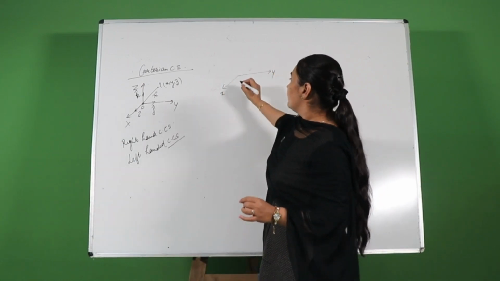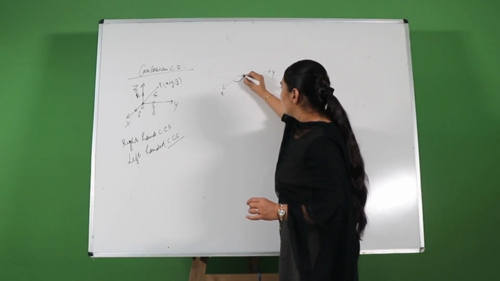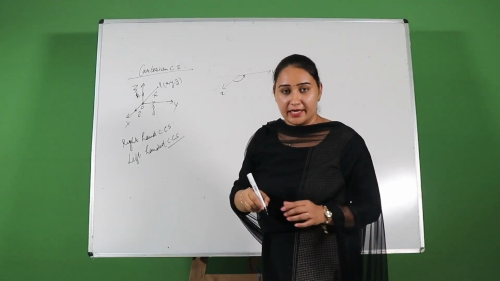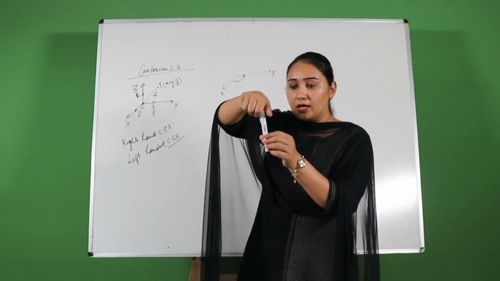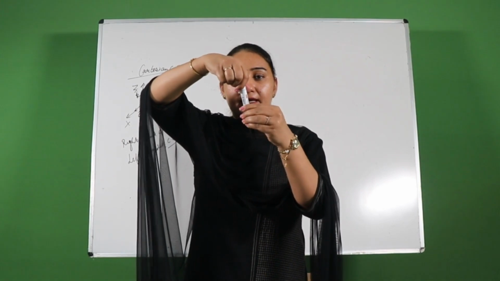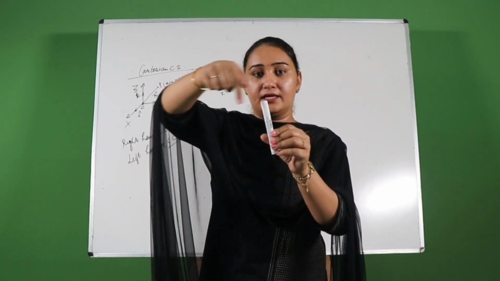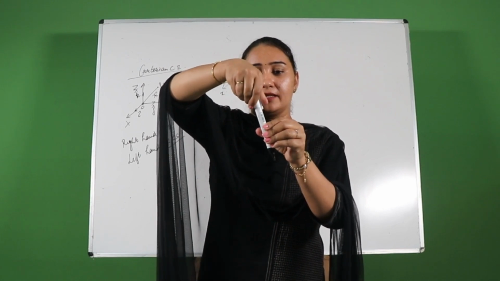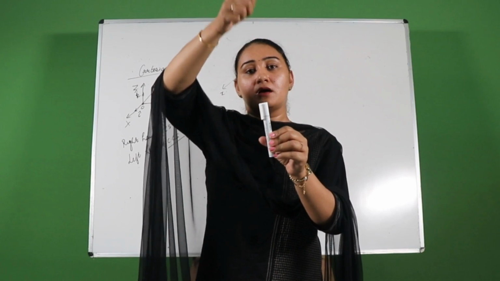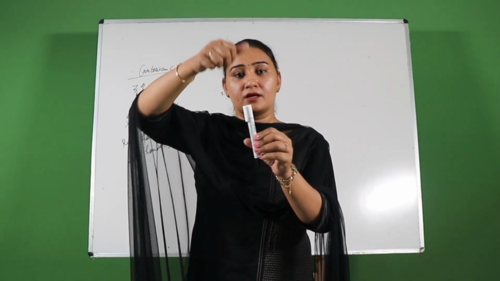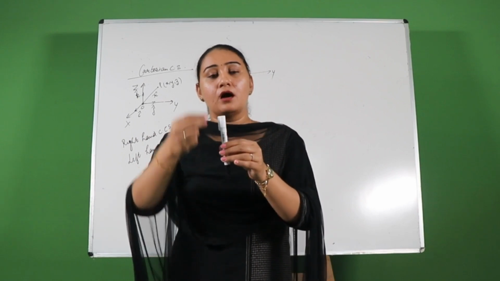If I move my x coordinate towards y in the anti-clockwise direction, listen carefully, it means if I am considering a screw, I have to move it like this. This is anti-clockwise. If I move it like this, it will ultimately move in the upward direction. So the direction of my screw will go upward.